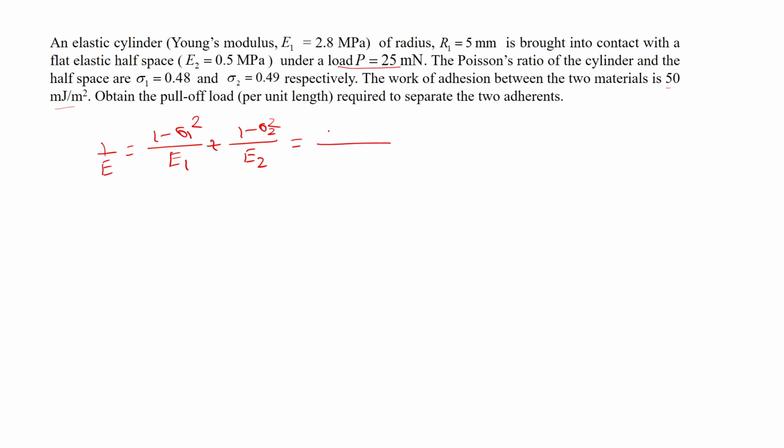and that is equal to 1 minus 0.48 square by E1, which is 2.8 into 10 to the power 6 Newton per meter square, plus 1 minus 0.49 square divided by 0.5 into 10 to the power 6 Newton per meter square, inverse.